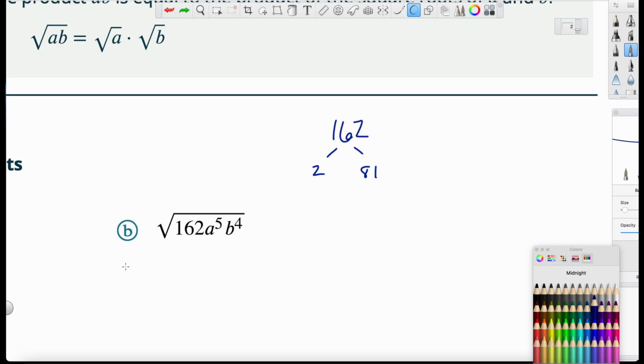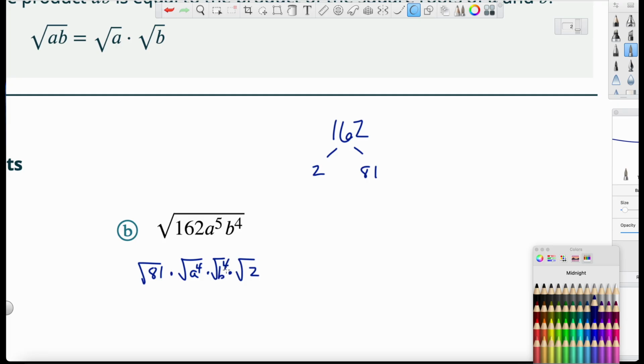And so we could rewrite this 162 part as root 81 times root 2. So I just did the coefficient here. What about a to the 5th? So we could take out a to the 4th here, because a to the 4th is a perfect square, and also b to the 4th.